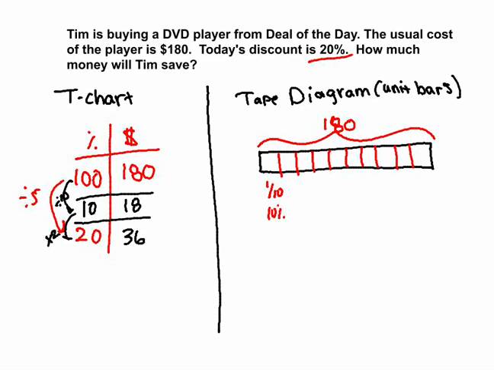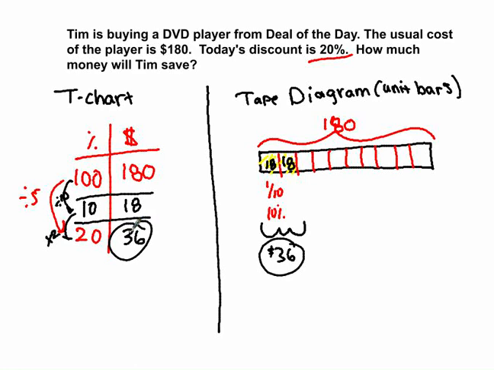So we're interested in finding 20%, which would be 2 of those. And it's the same sort of idea. You just put 18, 18. So this gives me 20%, which is $36.